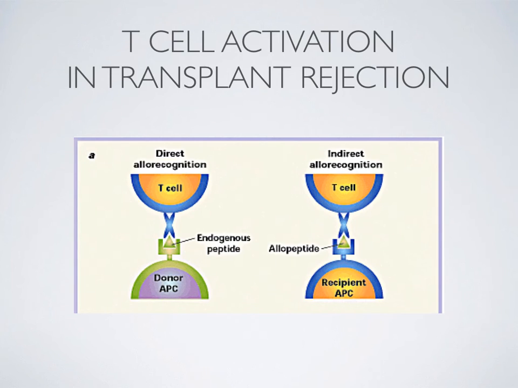And we've discovered that the triggering of T cells, in order for this to happen, happens through both a direct pathway and an indirect pathway. So in the direct pathway, every tissue does have antigen-presenting cells. So when you transplant a kidney, there's antigen-presenting cells in there.